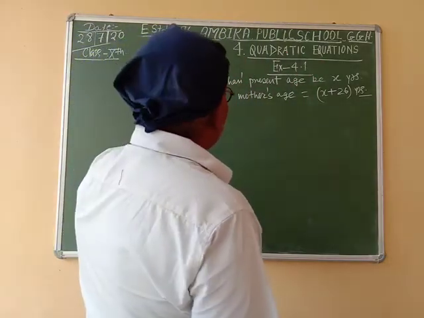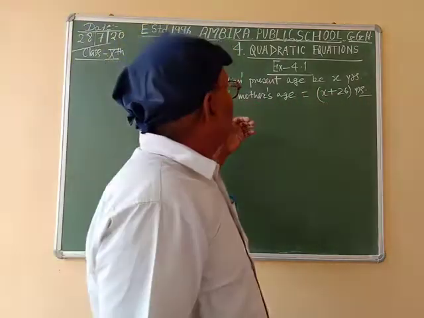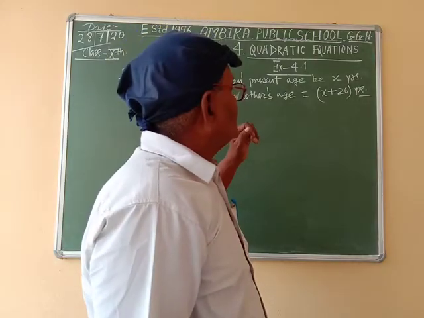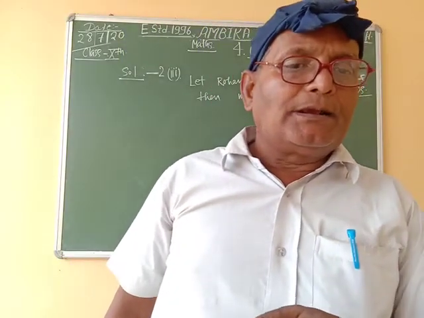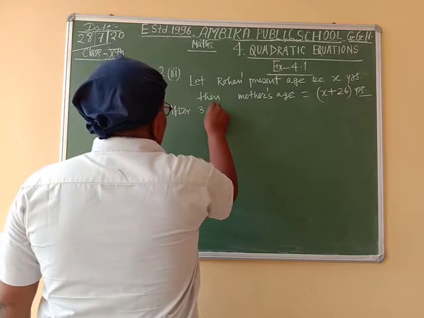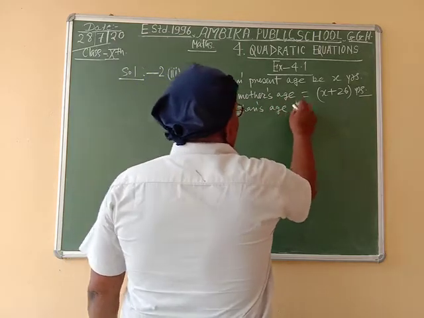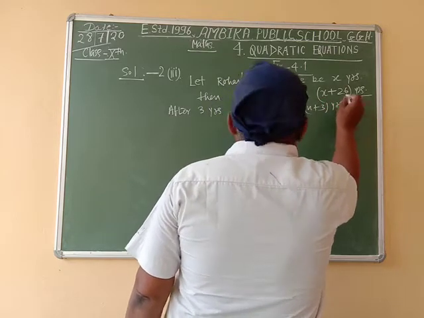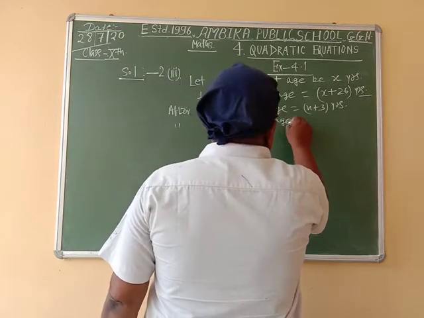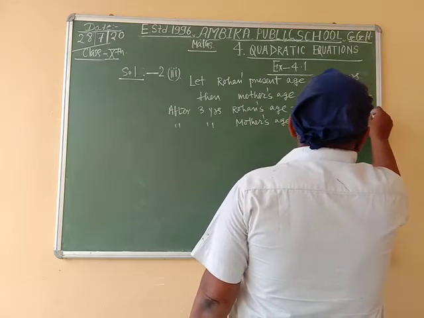Present age of Rohan is x years, then after 3 years their age will be x plus 3, and the mother's age will be x plus 26 plus 3, which is x plus 29 years, and their product is 360.